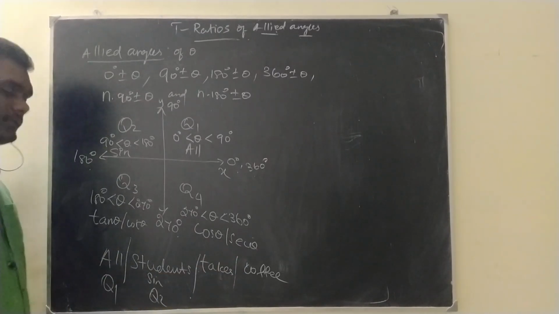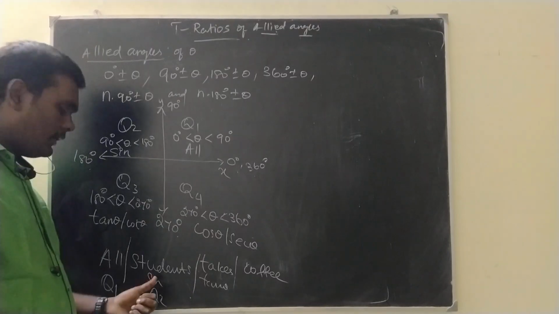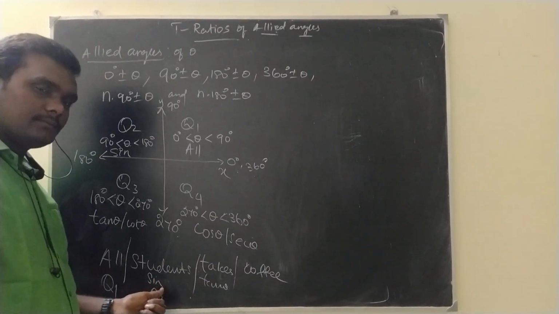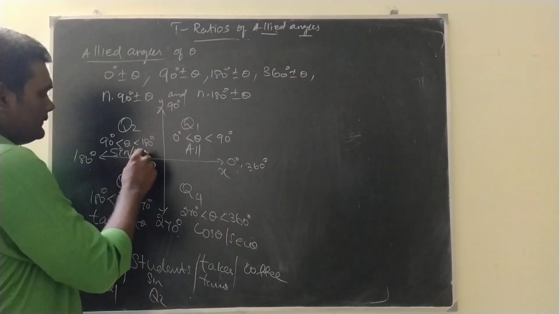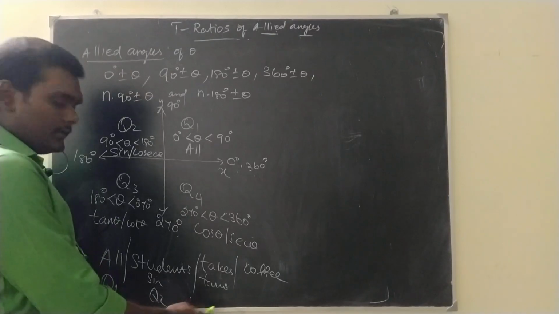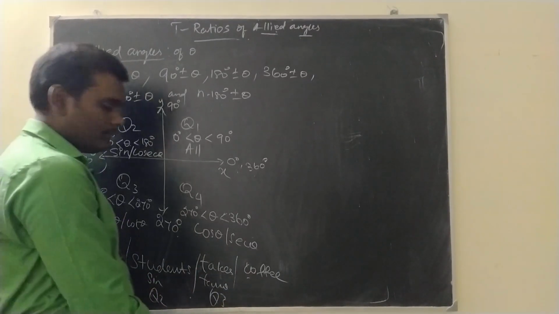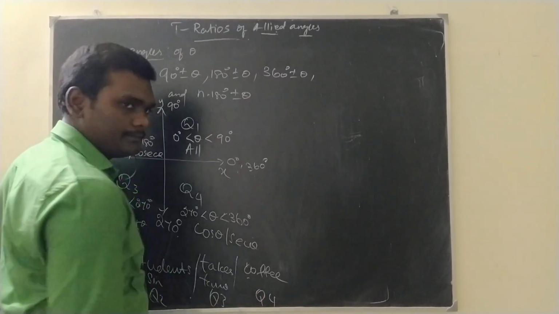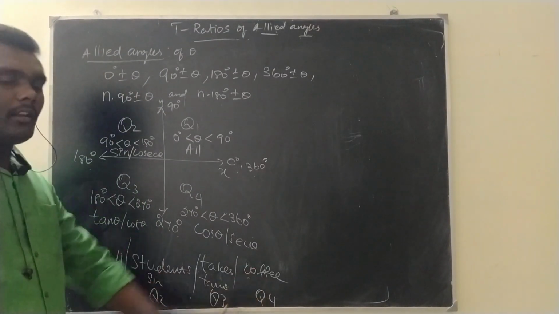'Take' stands for tan, and the reciprocal of sine, cosec. Yes, sine and cosec theta. Tan and reciprocal of tan in quadrant 3. 'Coffee' stands for cos, that is quadrant 4. Okay. Using this, we are going to write.